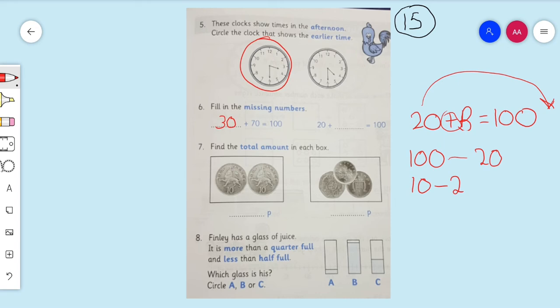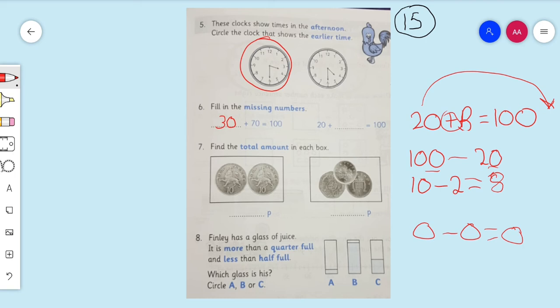So there's 8 left. So the answer is 8 for 10 take away 2. But that's not the real answer because the thing we had to do was 100 take away 20. So this 0 and this 0 is left. So we do 0 take away 0, which equals 0.